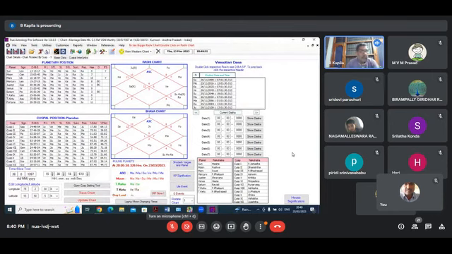What is the important condition for the event of marriage to happen? The ascendant sublord should be linked to either 5 or 7 or 11. If the ascendant sublord is linked to 5 or 7 or 11, it establishes beyond doubt that the marriage is likely to happen for the native.